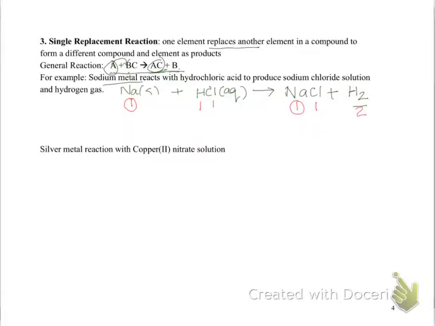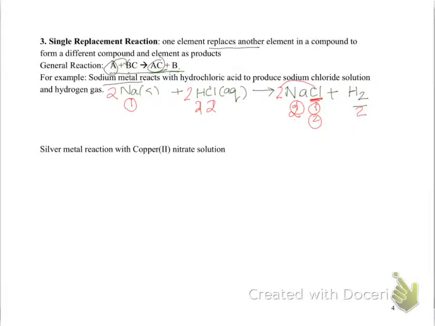So I have to put 2 here on the front to make it 2, but then that will make chlorine 2 as well. So then I have to go back and balance the chlorine on the product side to make this 2. And how will I make this 2? By adding 2 here. So this is 2 chlorine. Then this changed the number of sodium, so now I have to go back and balance sodium again.